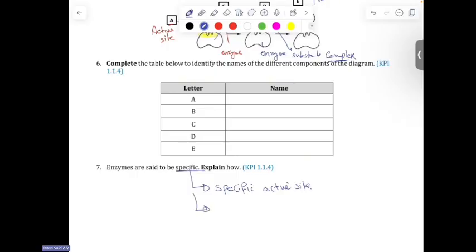You will get the second point when you write they have complementary shape. You will get the last one when you write they form an enzyme substrate complex. By this way you will get the 3 marks as I mentioned.